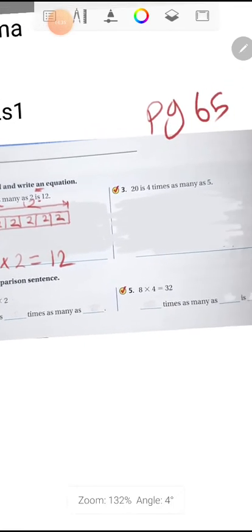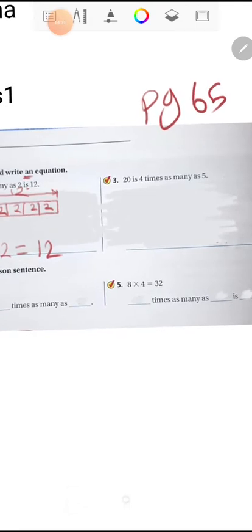Okay, let's see number 3. 20 is, so here I have the comparison sentence, and I want to write the equation first. 20 is, meaning equals, 4 times as many as 5. This means multiply. So 20 equals 4 times as many as 5, meaning 4 multiply 5. This is the equation.